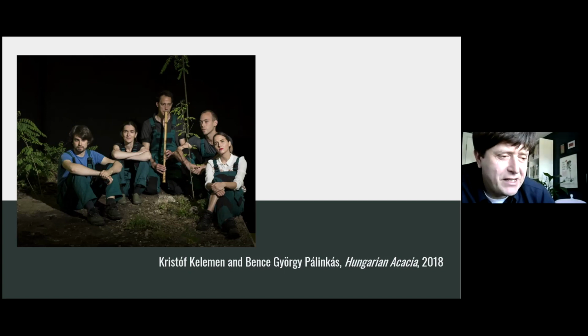The work takes the form of what they call a post-fact documentary theatre piece, and it tells the story of an alien species that became Hungary's most patriotic tree. This tree, the black locust or false acacia, arrived in Hungary 300 years ago from North America at the height of the so-called Columbian exchange.